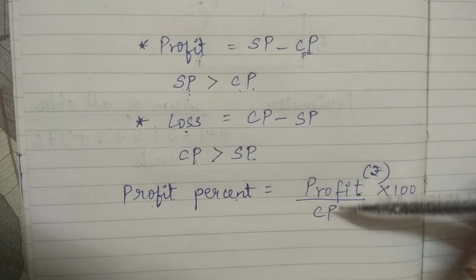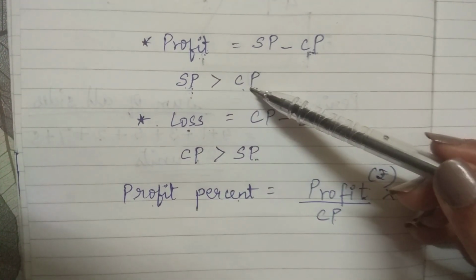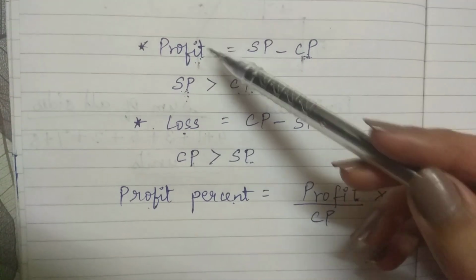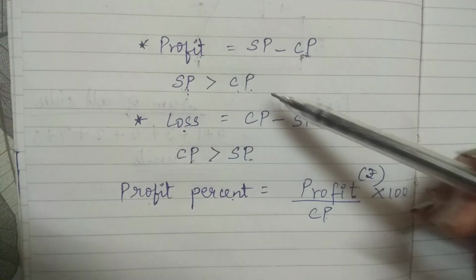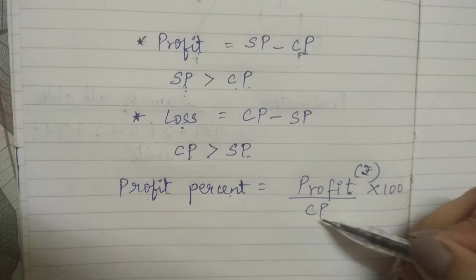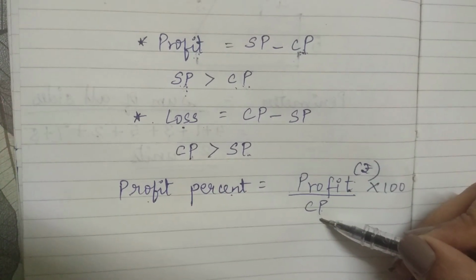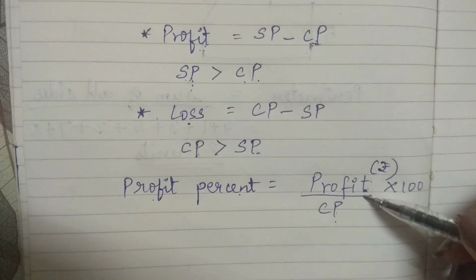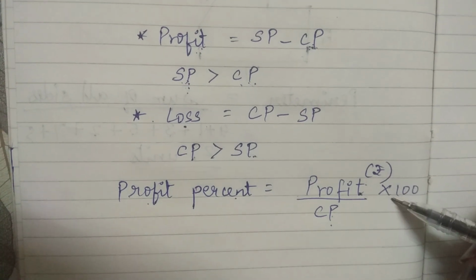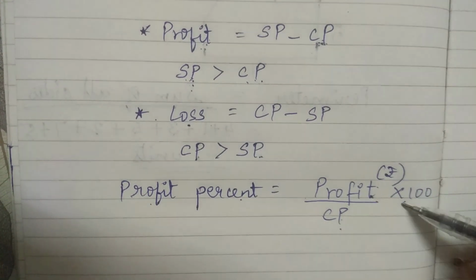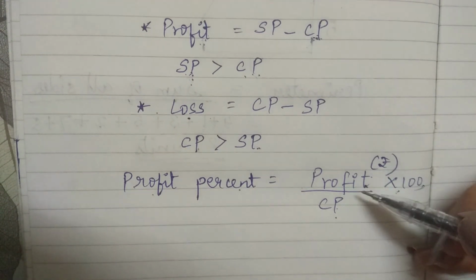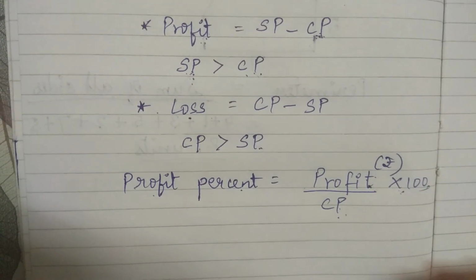Now profit depends upon the cost price, and even the loss, both profit and loss depend upon the cost price. So the denominator will always be the cost price, be it profit or loss. So this is the formula, and whenever we are finding percentage, we multiply it by 100. So profit upon cost price into 100.